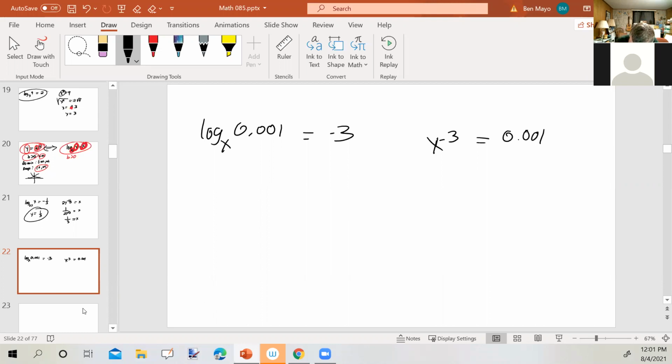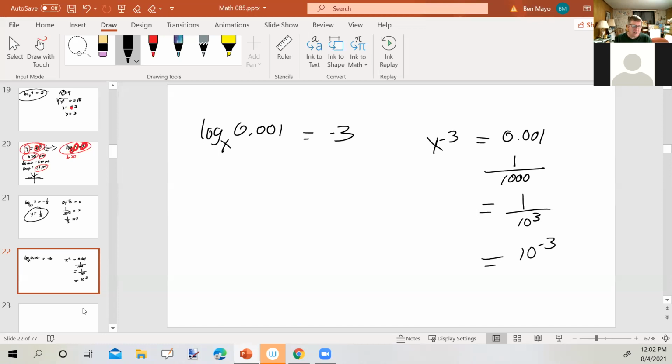But 0.001 is 1/10, 100th, 1000th, isn't it? So wouldn't that be 1/10 cubed? You see how I'm getting there?